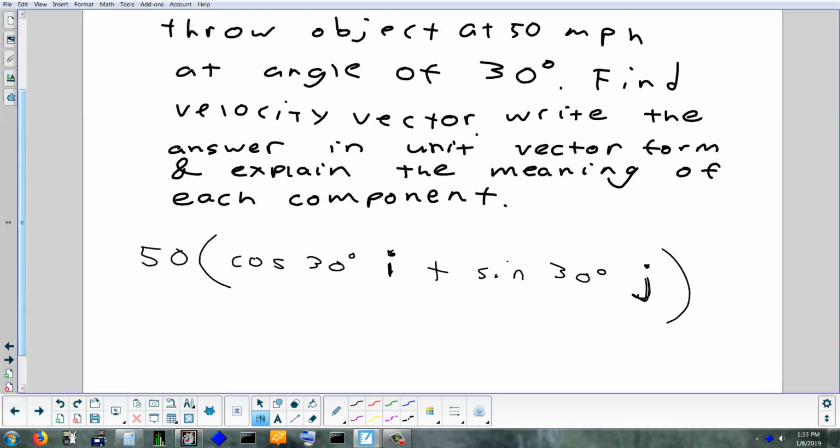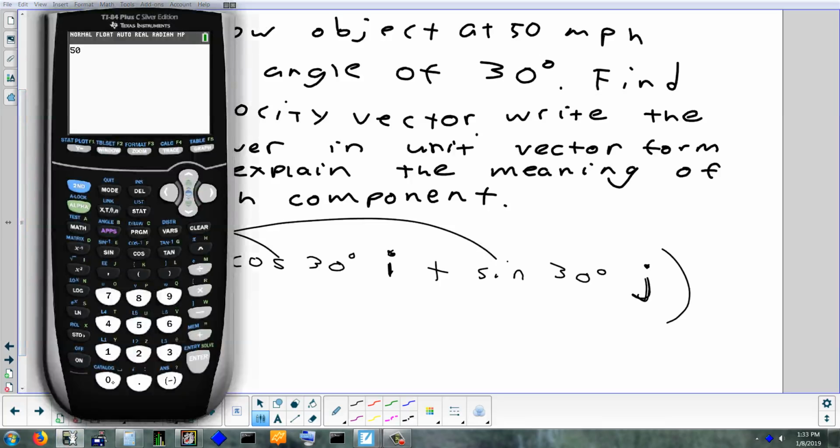Because I have the 50 on the outside of the parentheses, what property is that going to be? Yep, distributive. So just distribute it. So 50 cosine 30, but I have to be careful because I am not set up right. What do I have to change? Radians to degrees. I have to change to degrees.